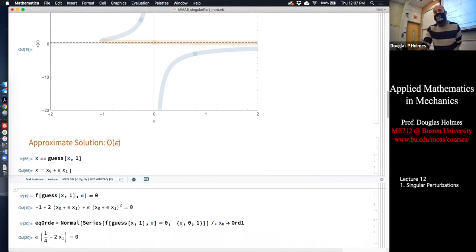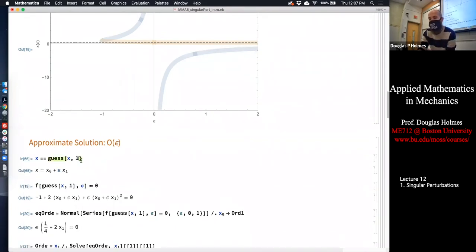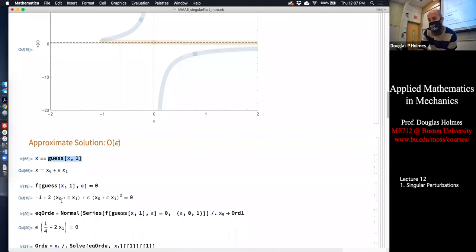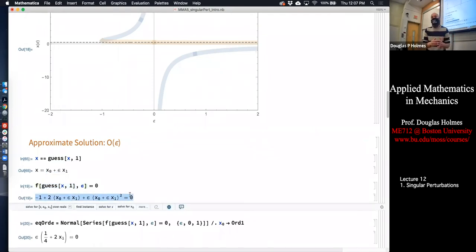The key reason I'm showing you this is I want you to notice that our guess contains an epsilon. To get this guess, we've done a series expansion, right? We've taken it out to various powers that are the exponents on epsilon. We took it out to order 1 here, and we're inserting that into our equation. Taking this and replacing x, which usually is right here, with this guess gives us this new equation. Here's the key thing.